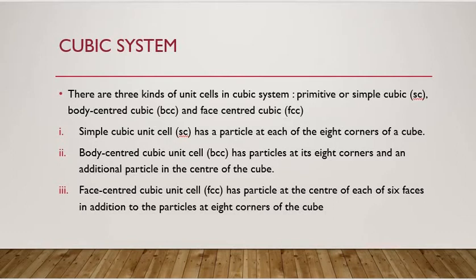In body centered, the particles are present at the corners of the unit cell, as well as one additional particle at the center of the cube. In face centered or FCC, 8 particles are present at the corners of the cube, plus 6 particles present at the faces of the cube.